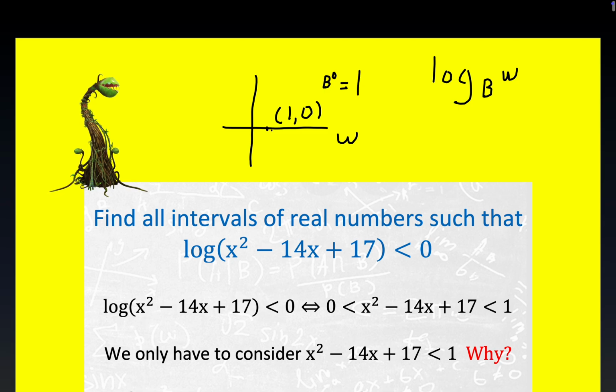Now, the graph of the log function looks like this. Again, we're assuming the base is greater than 1; it would be symmetrical about the vertical axis if it were less than 1.